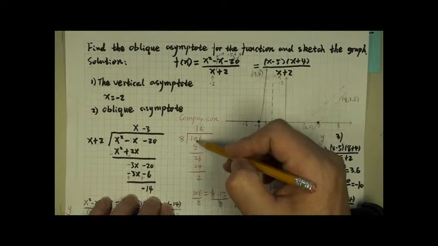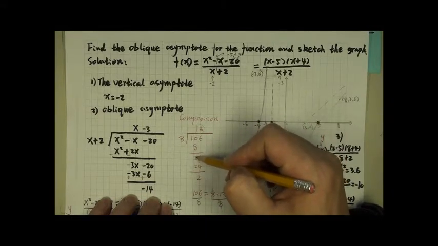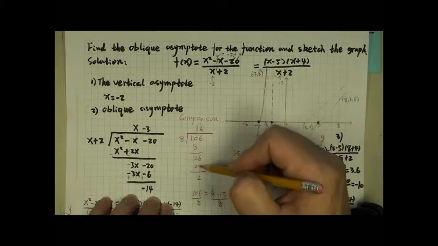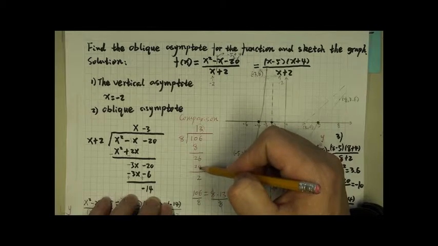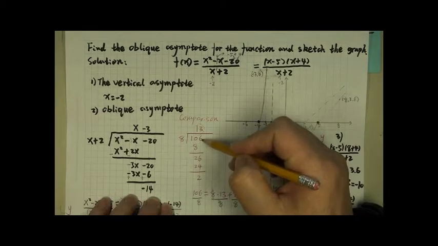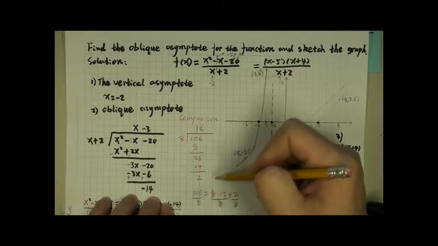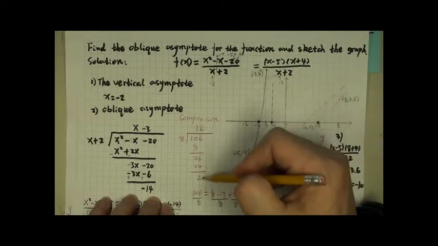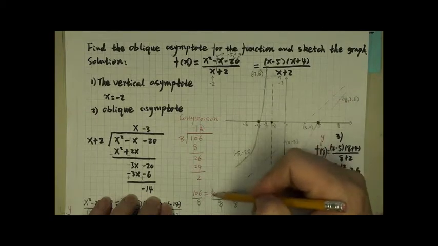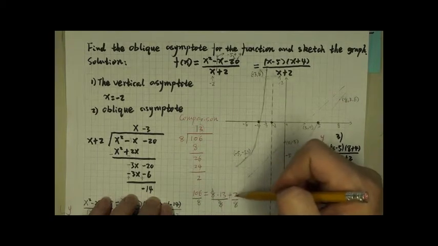You have 8. 10 minus 8 is 2. 6 goes down. 3 times 8, 24. 26 minus 24, you have a 2. So you may write 106 equals 8 times 13 plus 2. Divided by 8, cancel this 8. So you have 2 over 8.